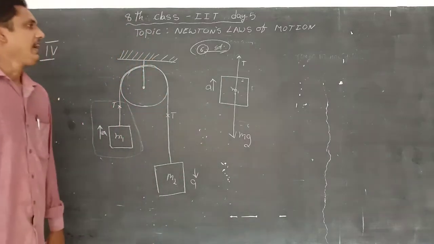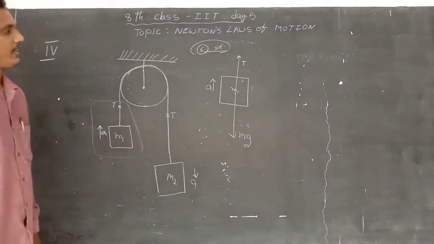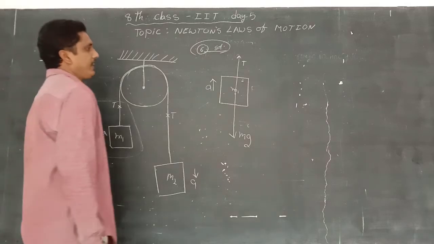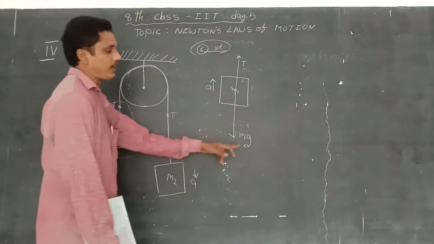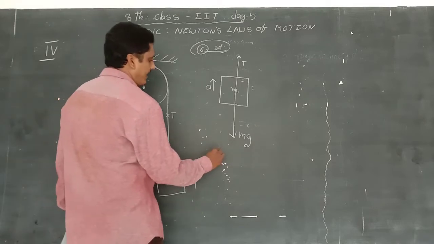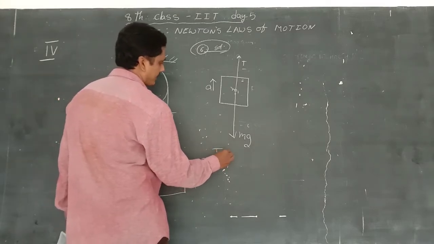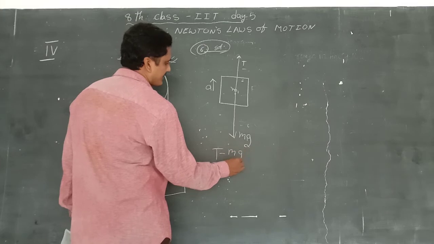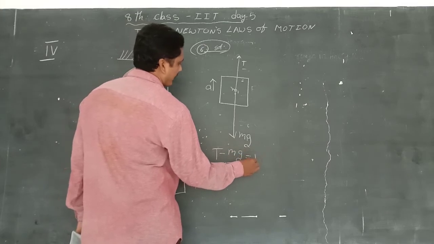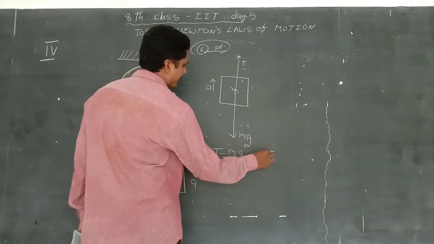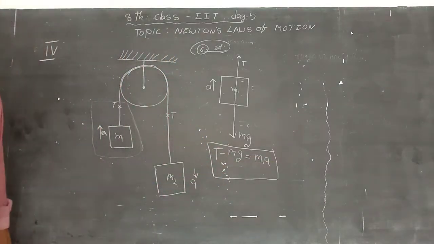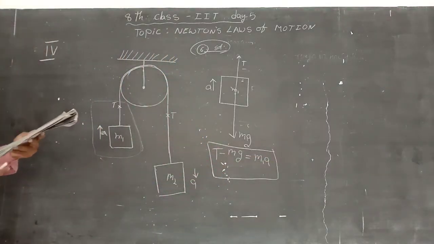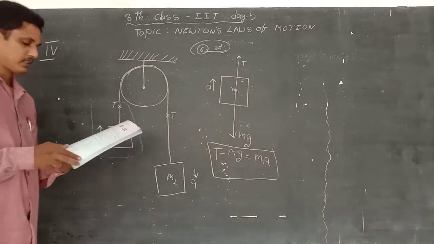Here we write that tension is greater than weight of the body. So T minus m1 g is equal to m1 a. This is the net force acting on the body. First option is correct.